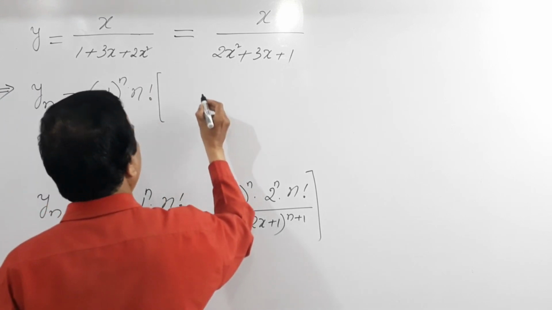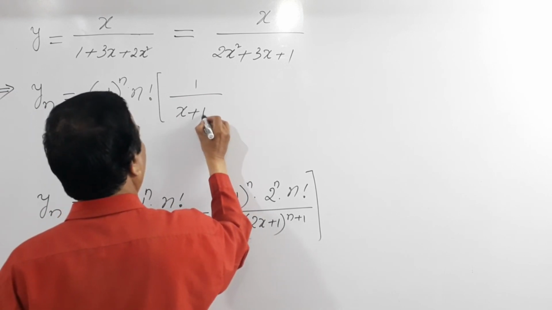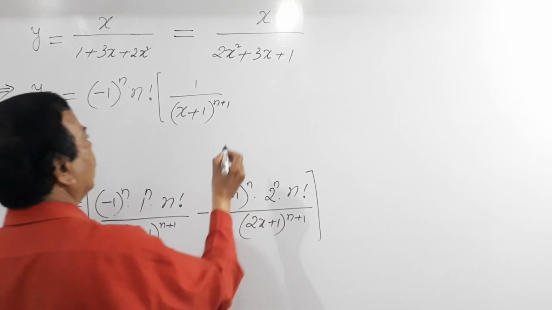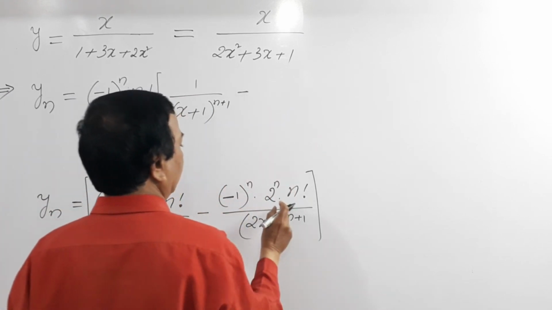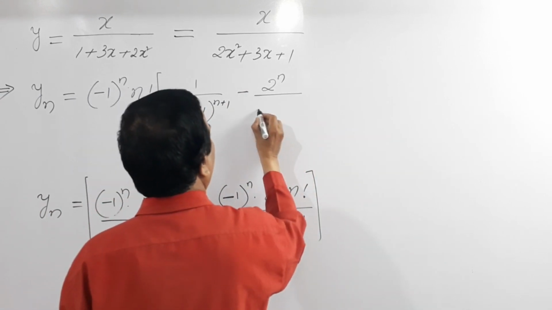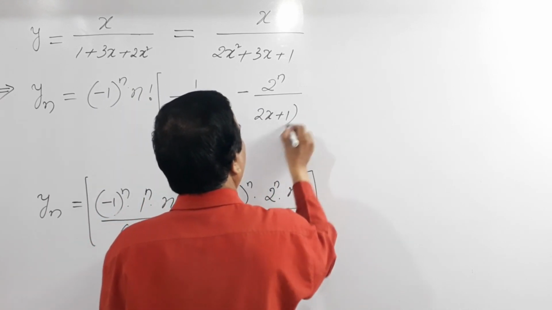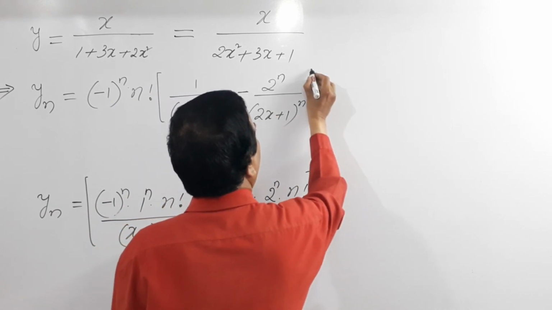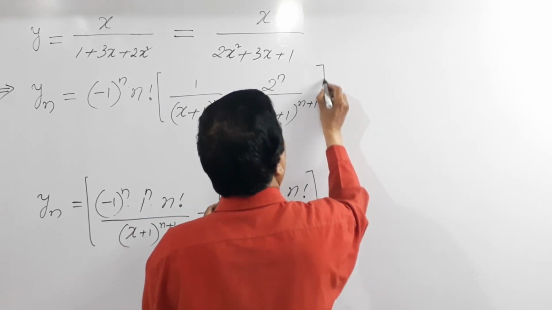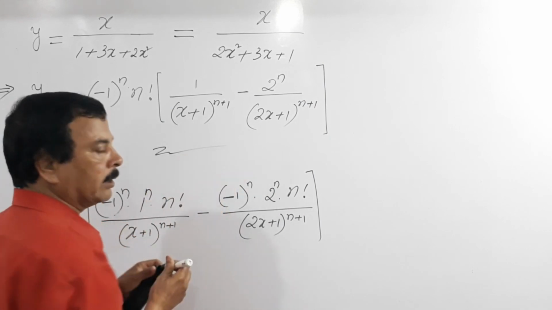So, if you want you can write, that is 1 by x plus 1 to the power of n plus 1, minus 2 to the power of n by 2x plus 1 to the power of n plus 1. So, this is the required answer.